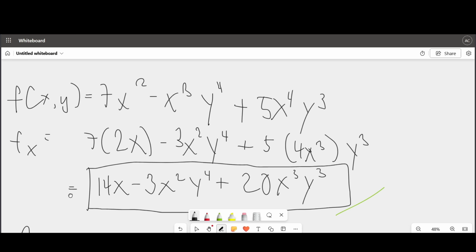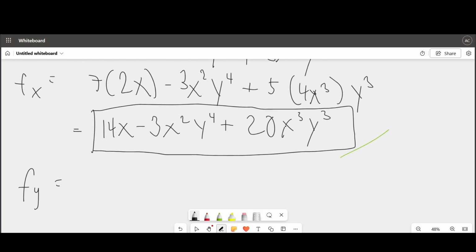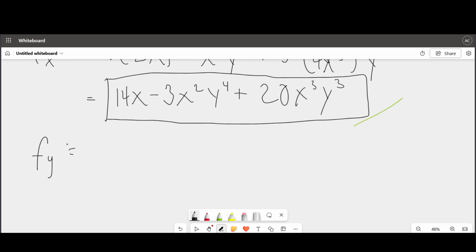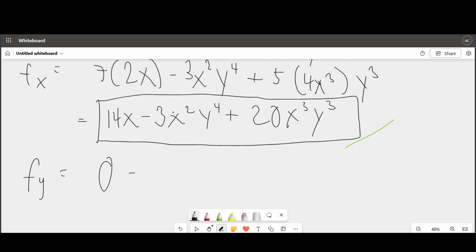Okay. So f_y equals. As you may have already realized in calculus, whenever you have a constant number, you always equate that to 0. You always turn the constant to 0. Okay?